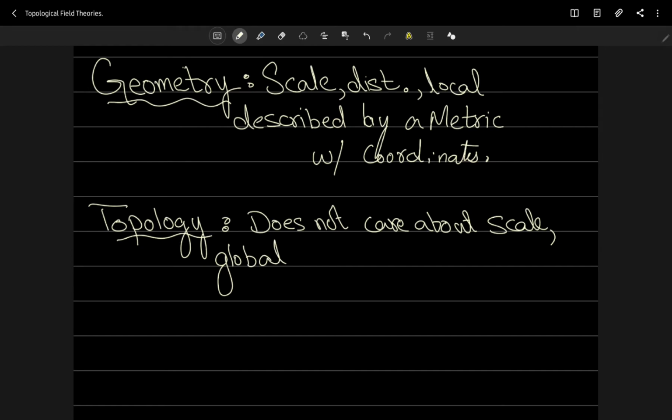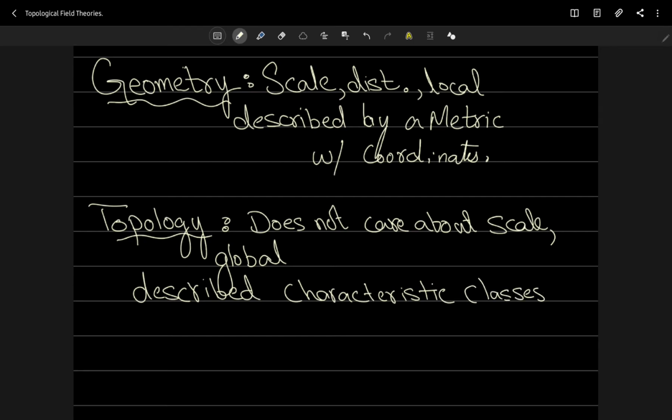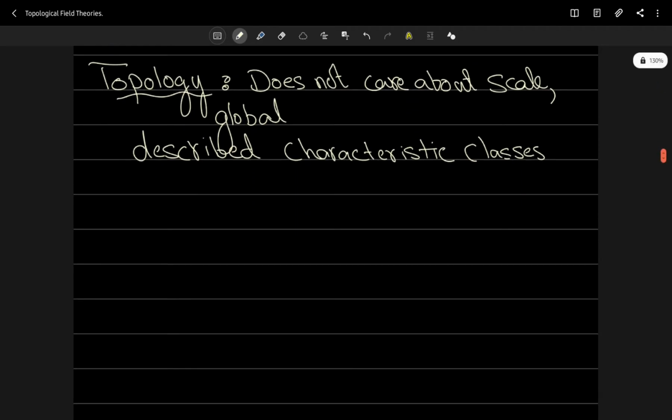Topology cares about everywhere, all at the same time, all at once. Now, topology is described by characteristic classes. Characteristic classes are simply sets of topological equations, geometries that show common features. Now we will understand what that means in a bit.